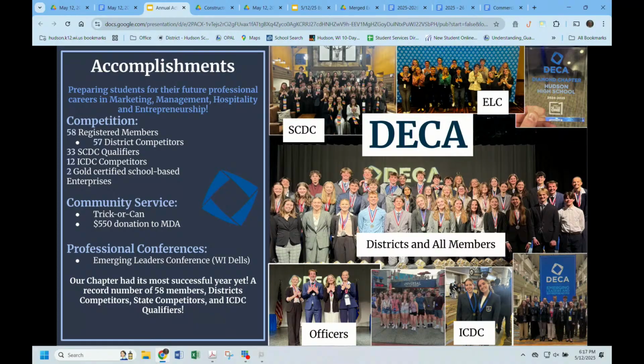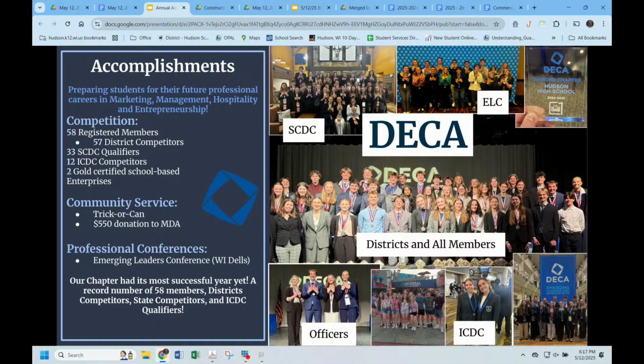So this year we had a record high number of members in our chapter. We had 58 members in our chapter, and 57 of them competed at districts, which is the first round of competition. From there, we had 33 move on to the state competition, which is also a record high.